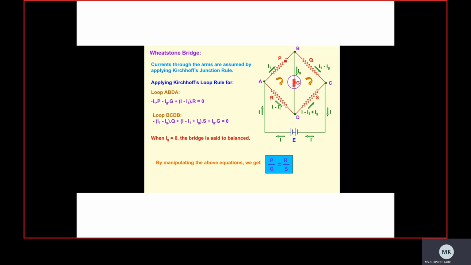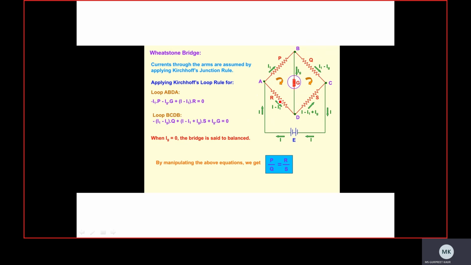Now when I1 current reaches point B, there will be further division. Ig current goes through the galvanometer. So out of I1, if Ig goes through the galvanometer, then I1 minus Ig goes through resistance Q. Now at point D, current I minus I1 is coming, and from the galvanometer current Ig is coming.